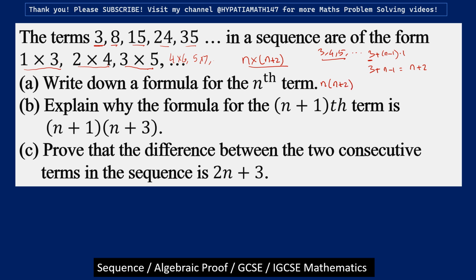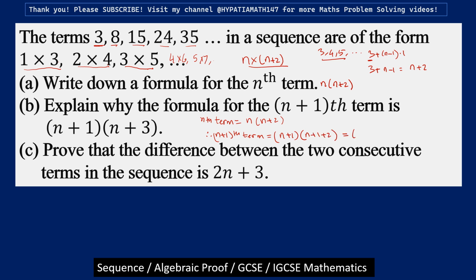So then we need to find the formula for the n plus 1th term. For the n plus 1th term, instead of n, we write n plus 1. So the nth term equals n times n plus 2, and therefore the n plus 1th term would equal, instead of n, I put n plus 1, and then n plus 1 plus 2.